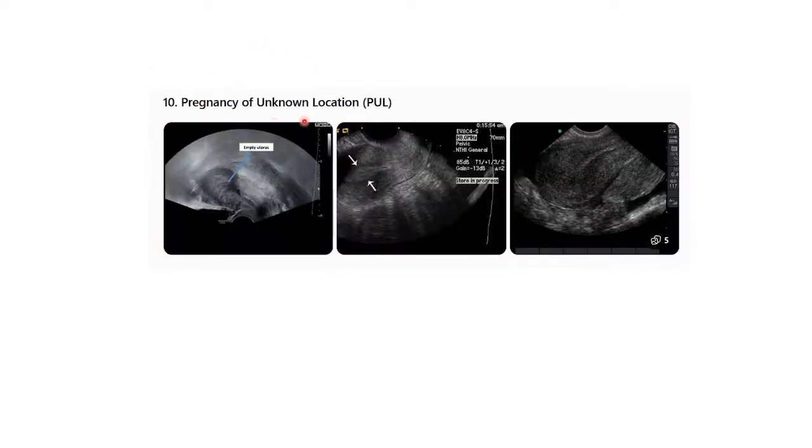So, pregnancy of unknown location. I have discussed this. A pregnancy of unknown location is not a pathology. It is not a diagnosis. It is a transitional condition. It's just like when you wash your clothes, they are still wet.